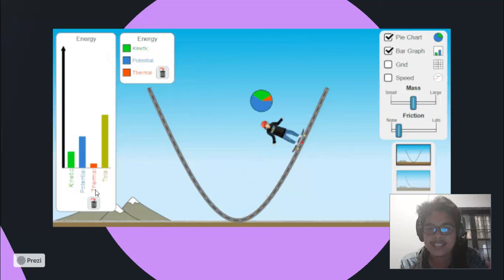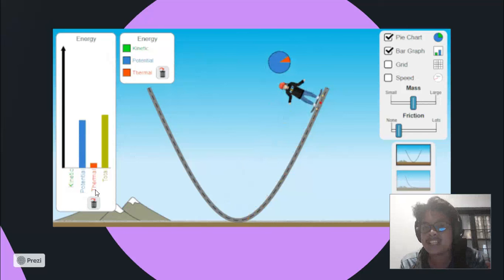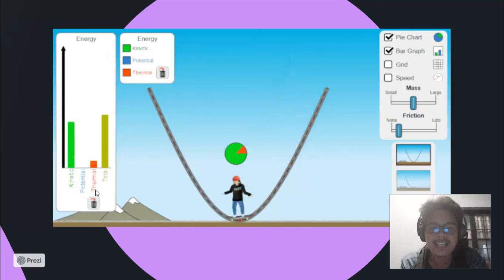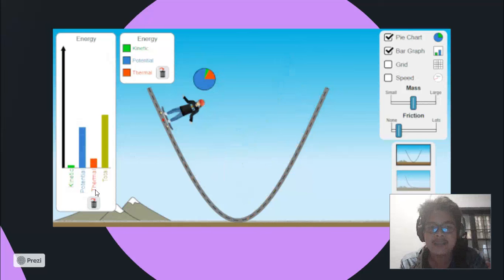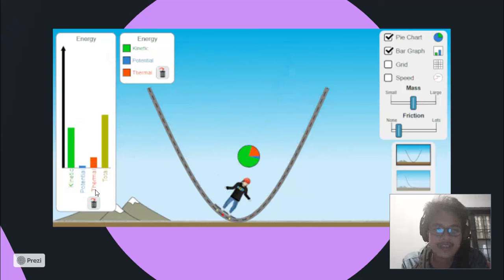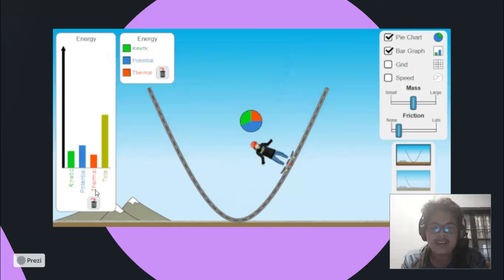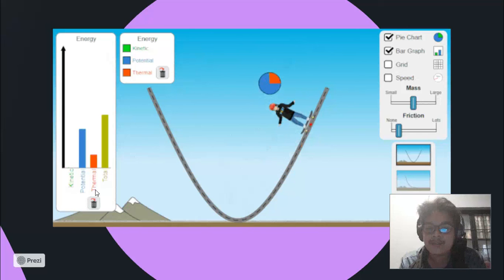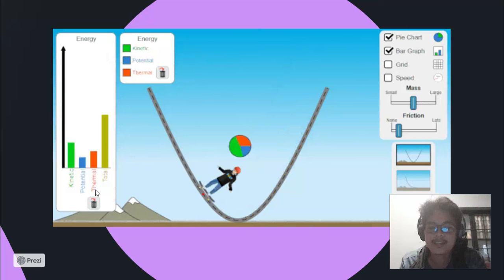So that is because the total of kinetic and potential energy ay nababawasan at napupunta sa thermal energy. Which means, kapag ipag-add nyo silang lahat, there will be a certain total energy din.